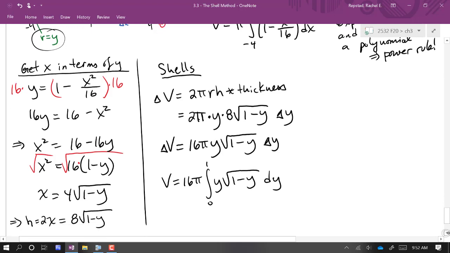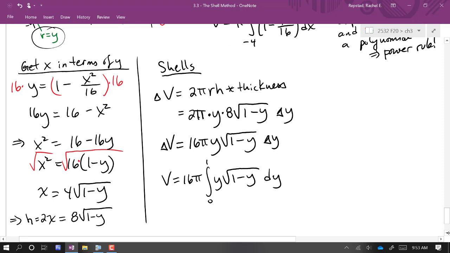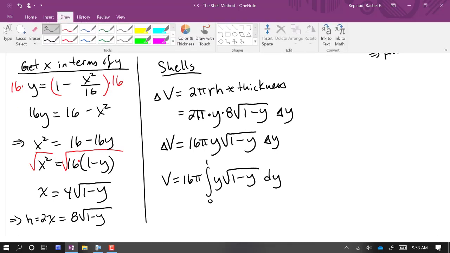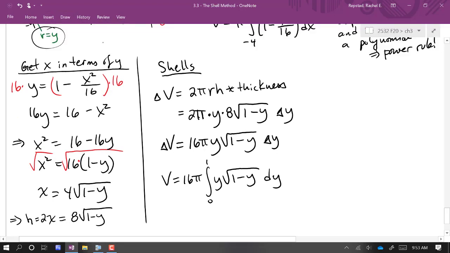Now this integral, let's just discuss how we could do it. It is possible to do it. This can be done with a substitution of u equals square root of 1 minus y. A little bit cumbersome, but can be done.